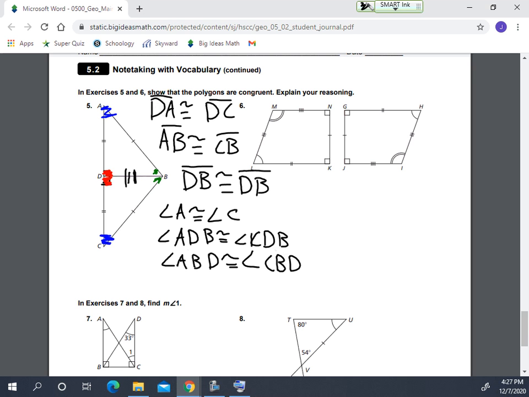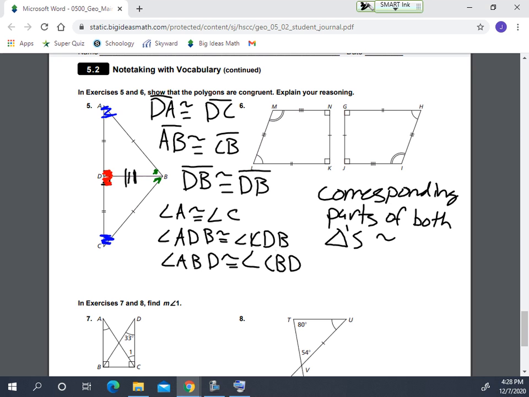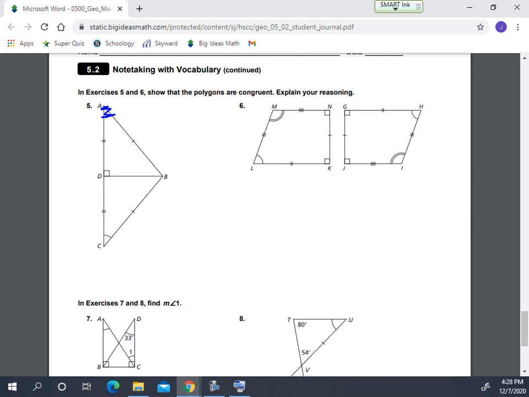So here's what I'm going to say over here: corresponding parts of both triangles are congruent, therefore they're congruent. Okay, I'll let you guys do number 6.